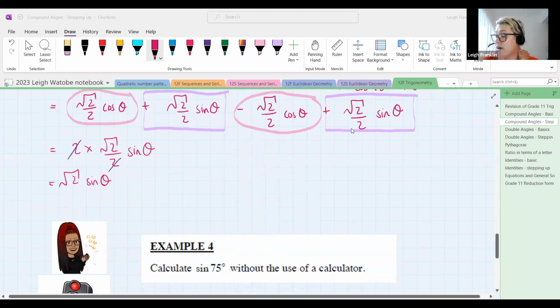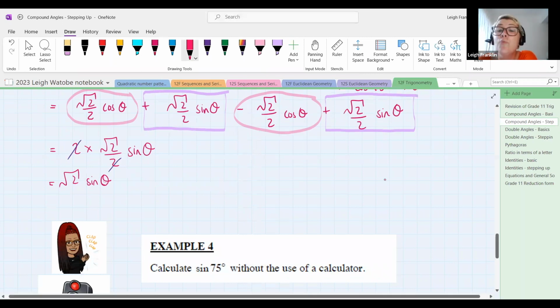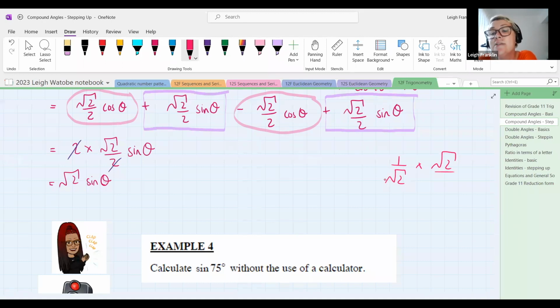All they've done is they've rationalized it. If you want to work with 1 over root 2, there's absolutely nothing wrong with that. When we rationalize, we would do this, and then we would multiply the numerators together and we would end up with root 2. And when we multiply the bottoms together, that's where the 2 comes from. So that's fine. Not a problem. I completely understand, ma'am. Thank you.